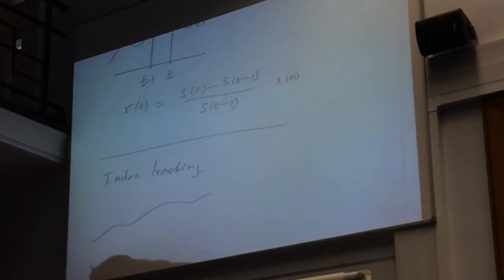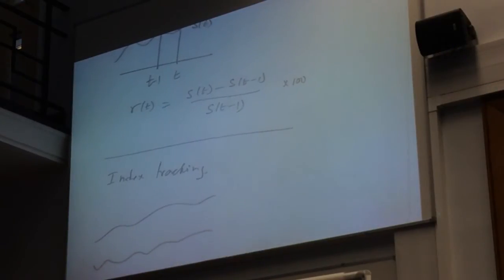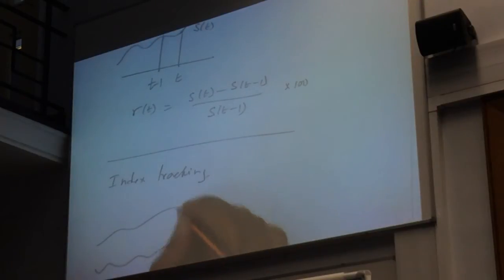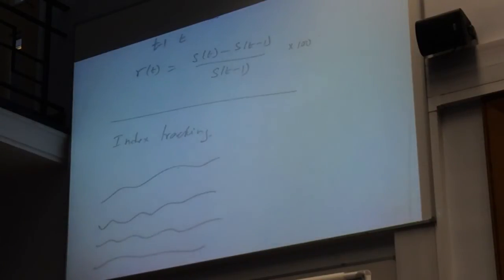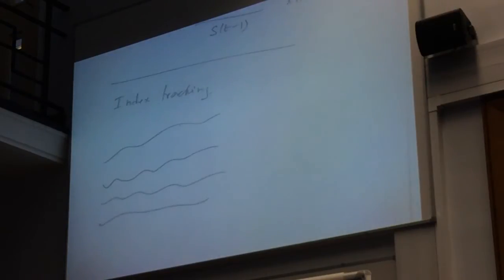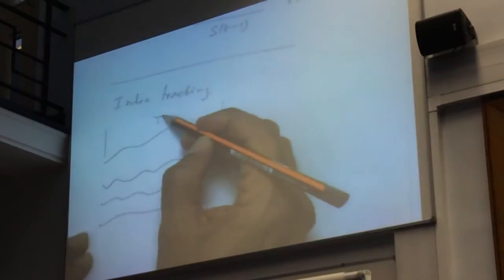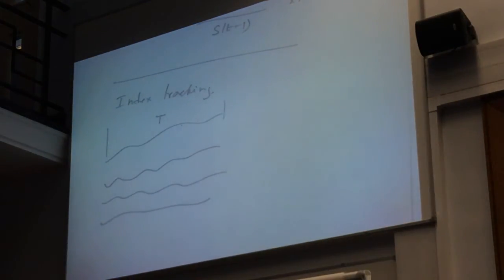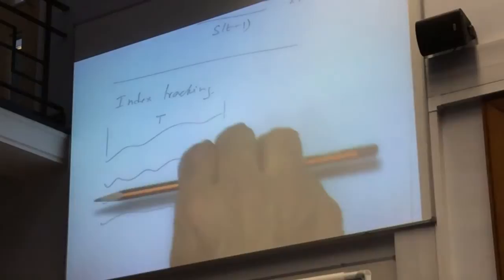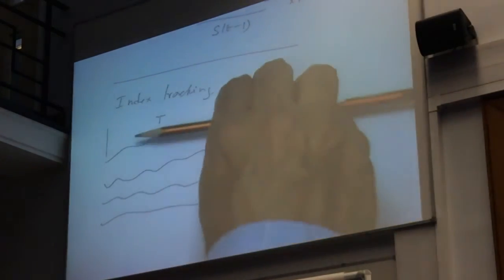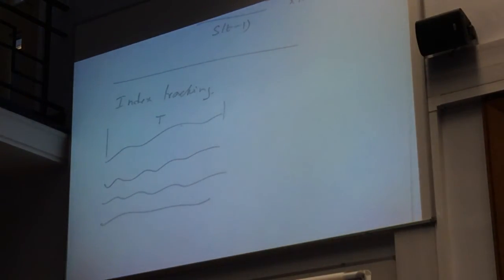So I'm going to get that as a weighted sum of these. Yeah. So you can easily imagine that if I had a time window of T, say 100 days, and if I had 100 of these stocks, then I can match this perfectly. Yeah? As long as any of these is not perfectly correlated with the others.